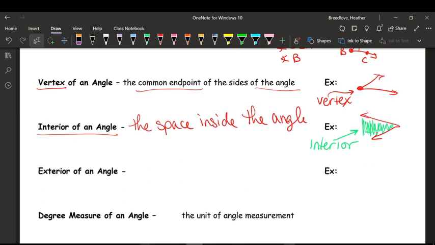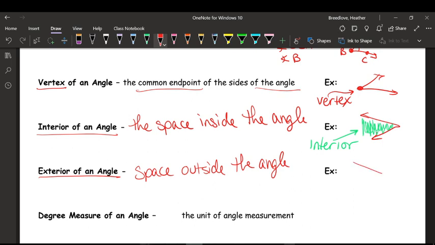So then the exterior of the angle is all the space on the outside of the angle. Space outside the angle. So again, if I draw the same angle, the space outside is everywhere out here.